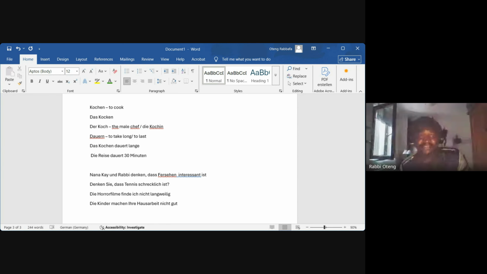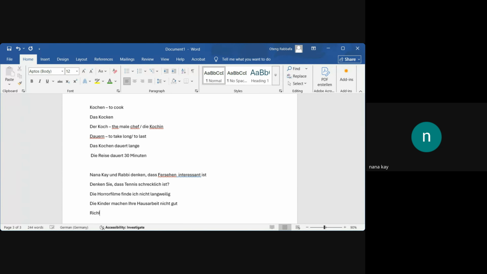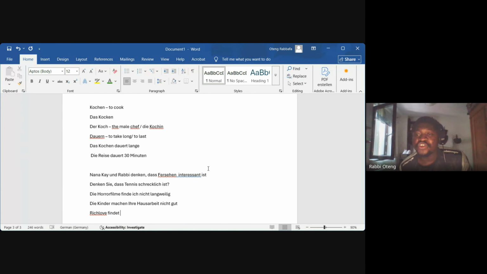Last sentence, with Rechtslauf and Österreich. "Rechtslauf findet Österreich sehr teuer." Österreich, the right hearing. You can say Österreich there.